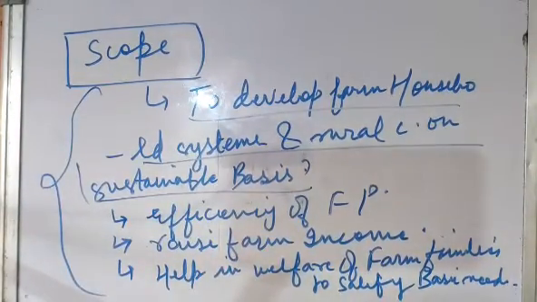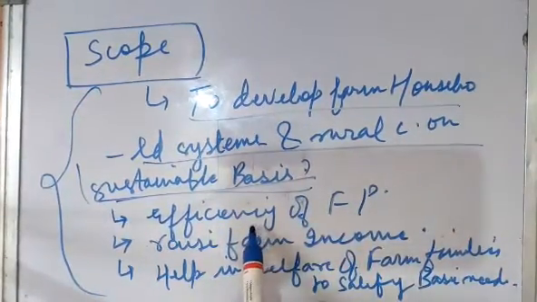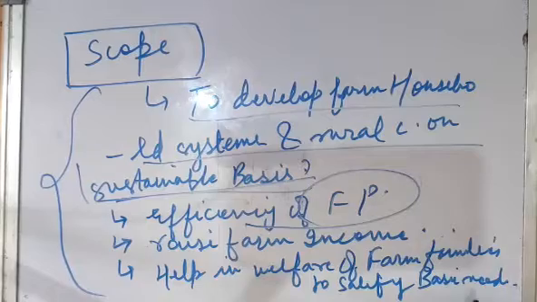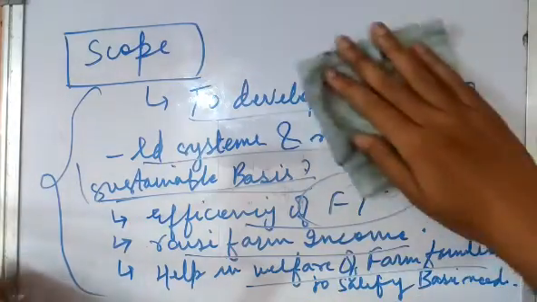So these are the major scope of farming systems: to develop household systems on a sustainable basis, enhance efficiency of farm production, raise farm income, improve the welfare of farm families, and help them satisfy their basic needs.